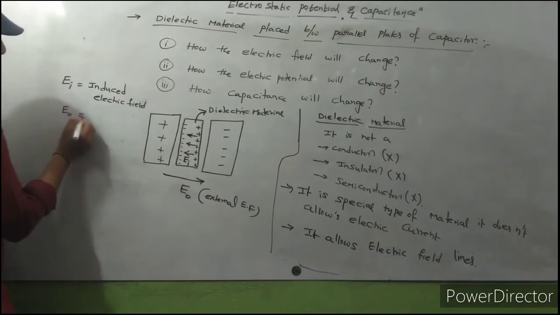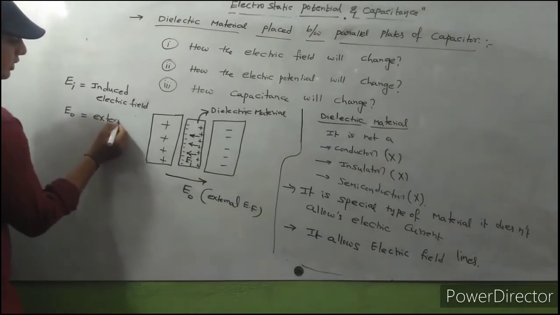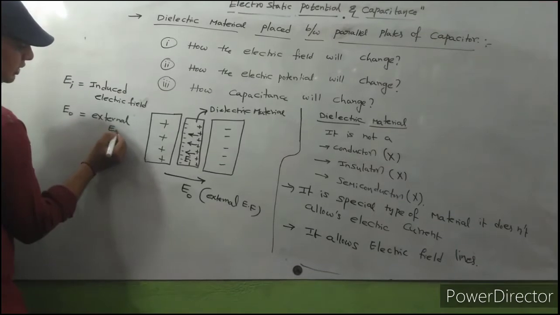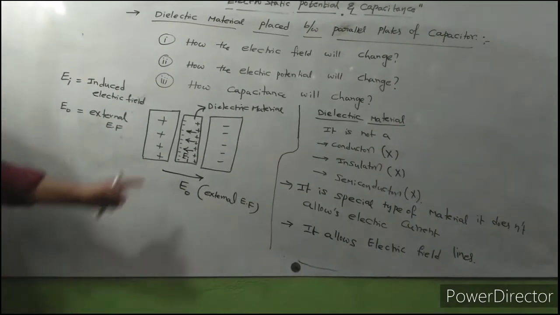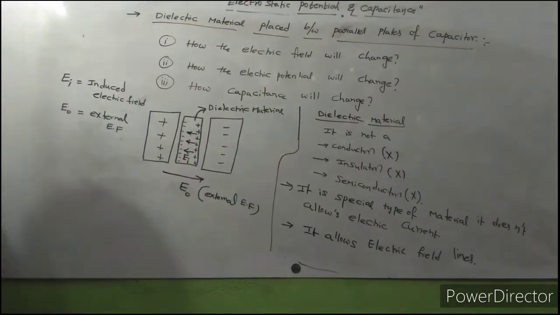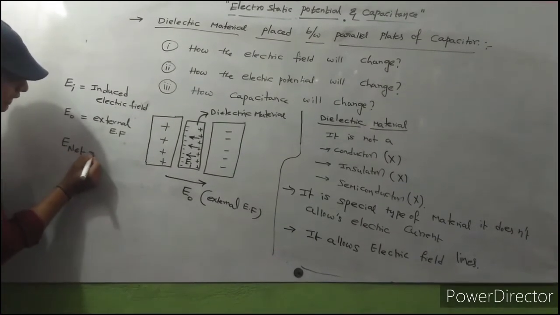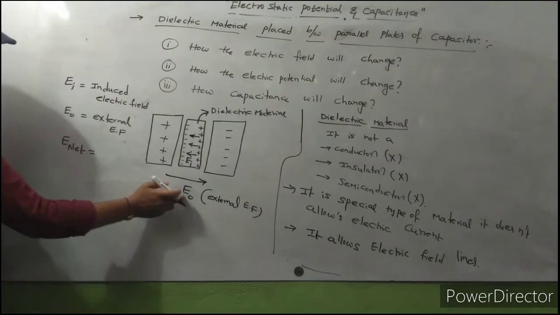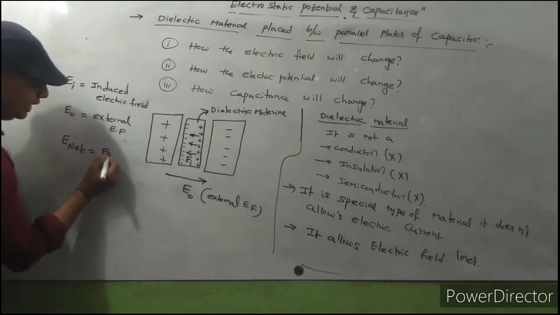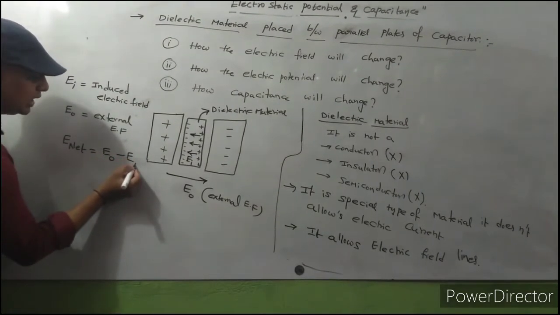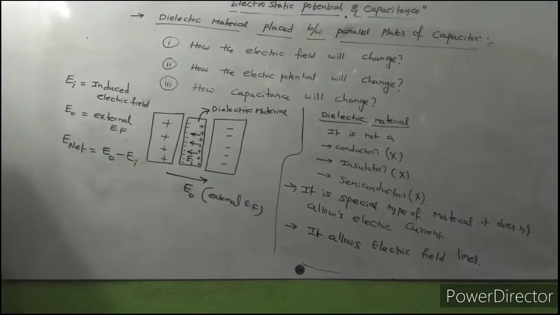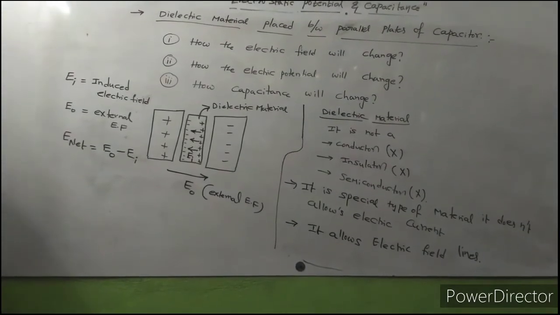E0 means the external electric field. So I want E net. Net electric field is equal to external electric field minus induced electric field.